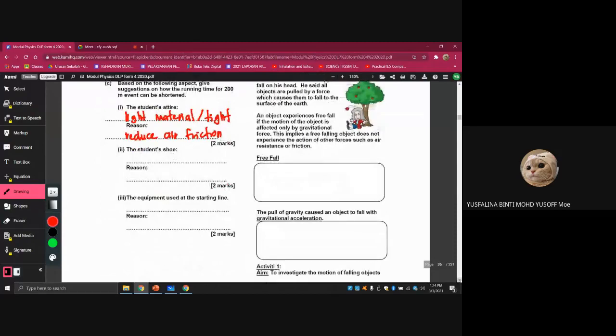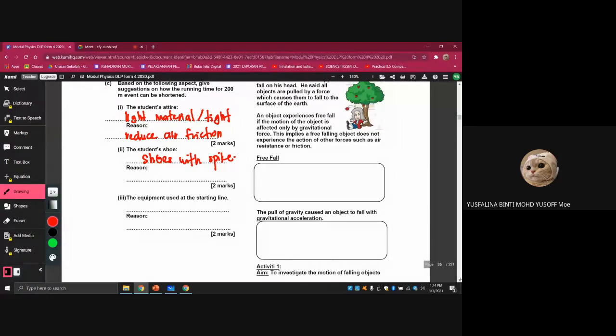And then the student shoes. How about the student shoes? Sport shoes. Okay. Another answer: aerodynamic shoe, spike. Aerodynamic, I'm not that sure, but yes, spike is correct. Shoes with spikes.